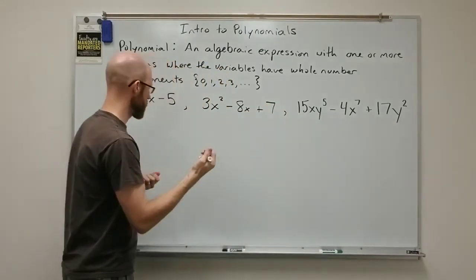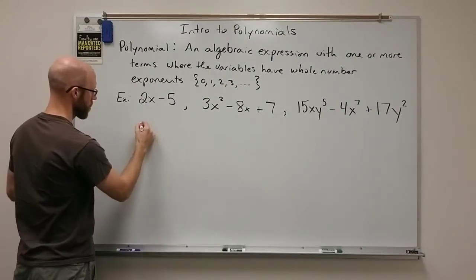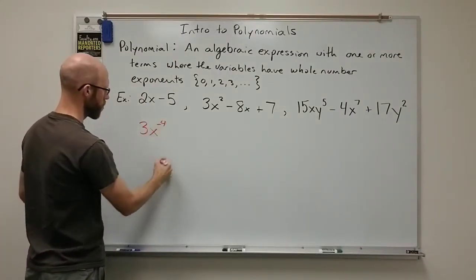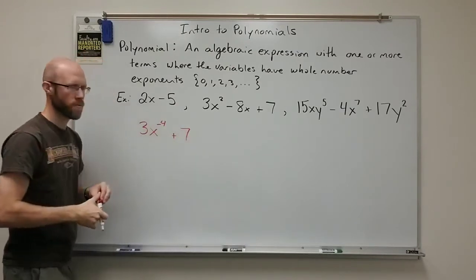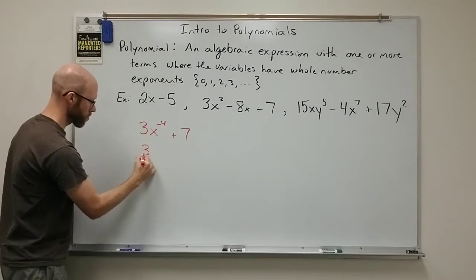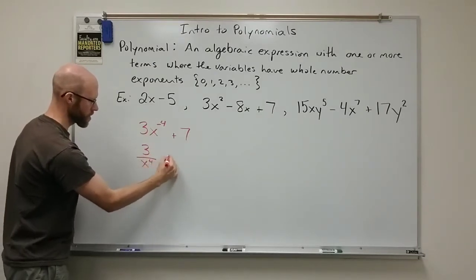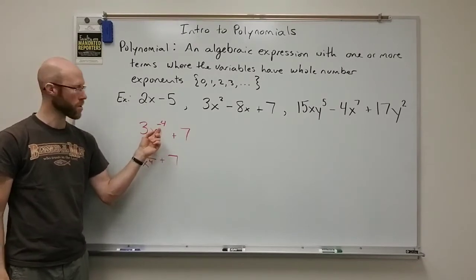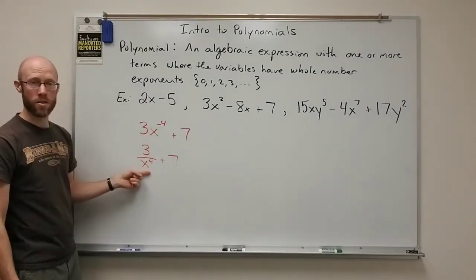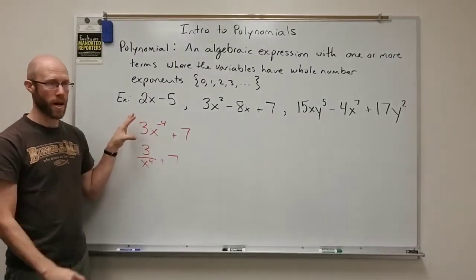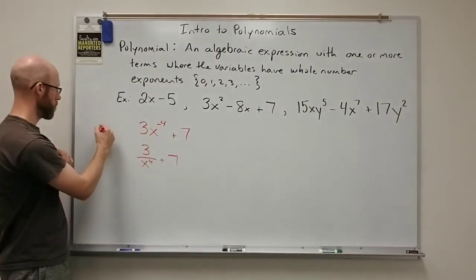So if I had something like 3x to the minus 4 power plus 7, well, that negative 4 is really 3 over x to the 4th plus 7, right? When you use your exponent rule for negative powers. And these things are not polynomials, okay? So the ones I'm writing in red right now, these are not polynomials.